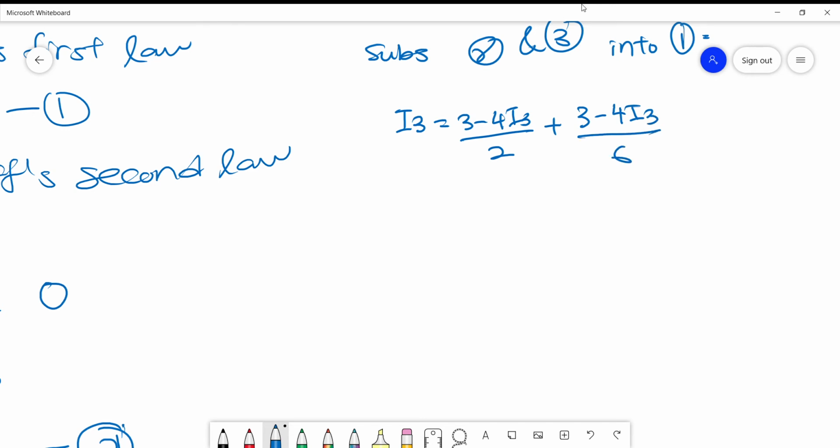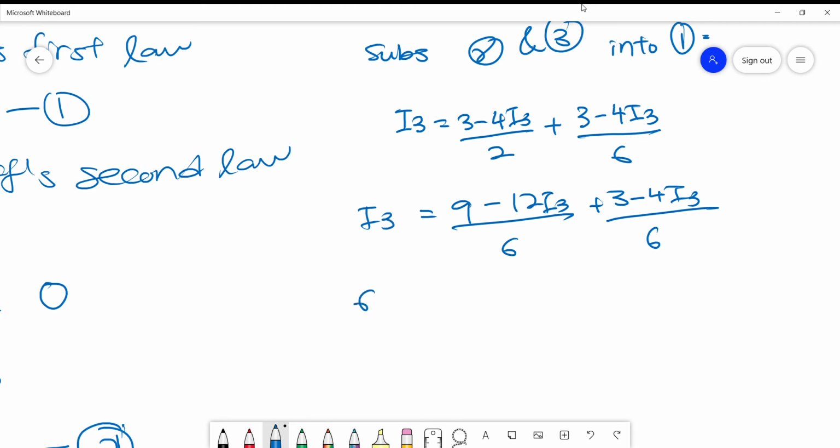If I resolve it, multiplying this one by 3 gives 9, since 3 times 3 is 9, and 4 times 3 is 12. So this is 6, plus 3 minus 4I3, divided by 6.